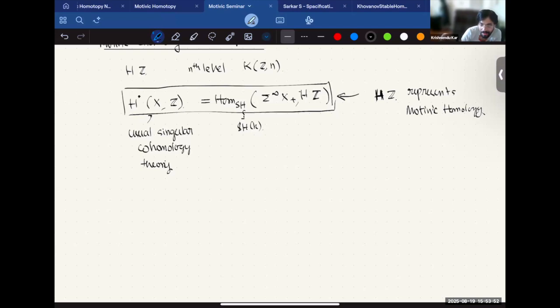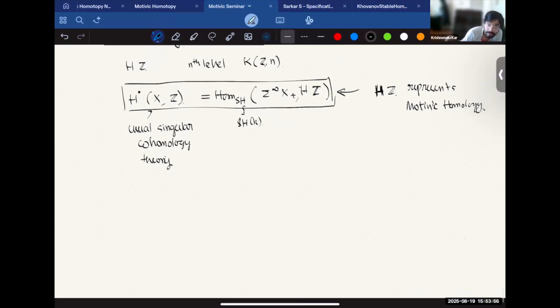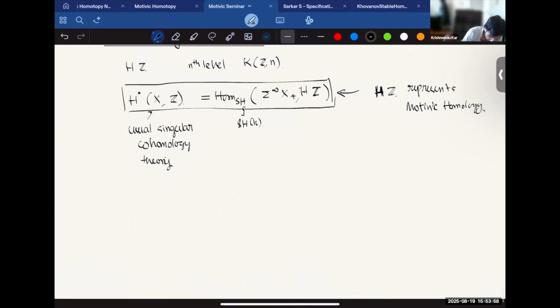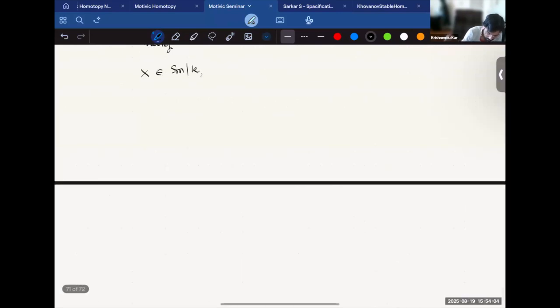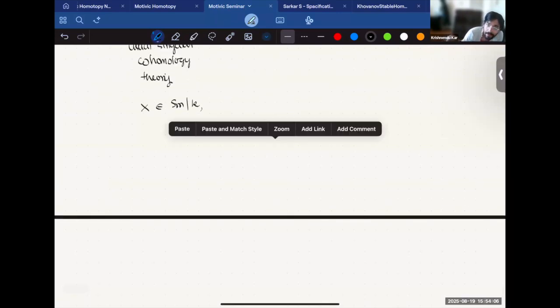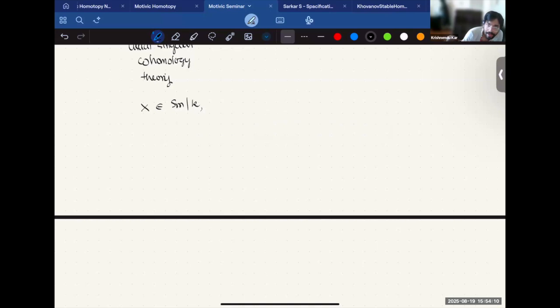So let's talk about it for a while. You start with your smooth scheme. Given a smooth scheme X, I am associating a functor L(X). How does it behave?